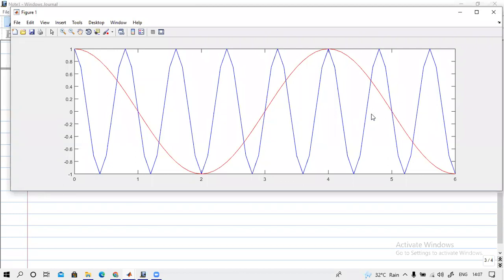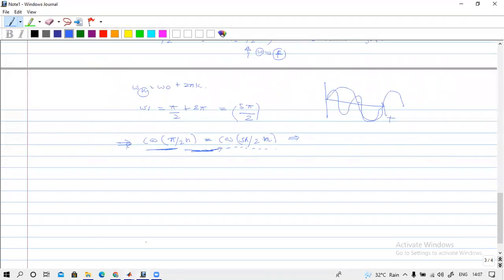So if you take this n as integers 0, 1, 2, 3, 4, and also -1, -2, -3, -4, then this point and this point are same, so cos 5/2 n and cos 5/2 n are same.